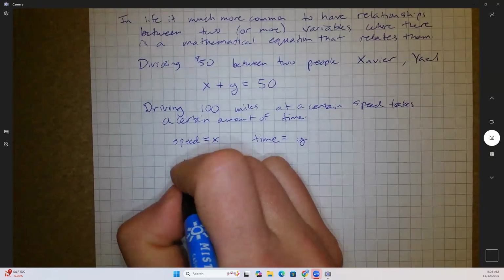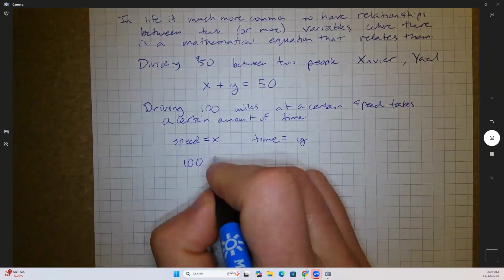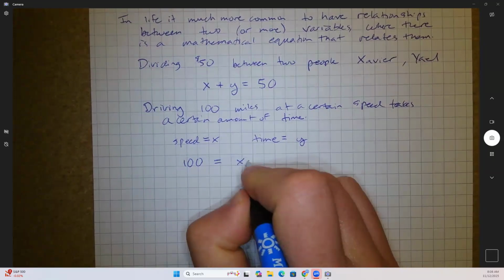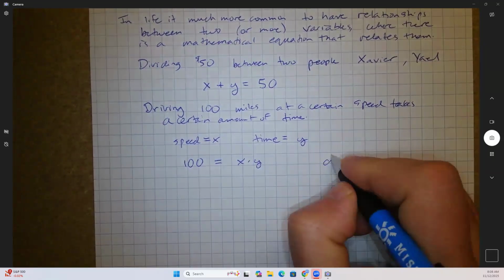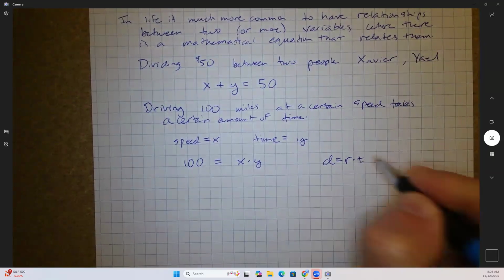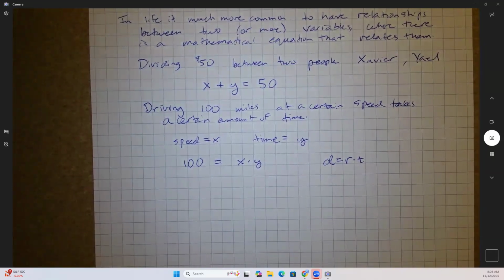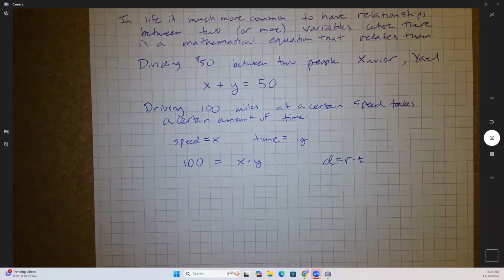And I know I'm going to travel 100 miles is going to be my speed times my time, because distance equals rate times time. So there are a lot of situations that involve two or more variables, and we're just going to stick with two because it demonstrates how everything works.